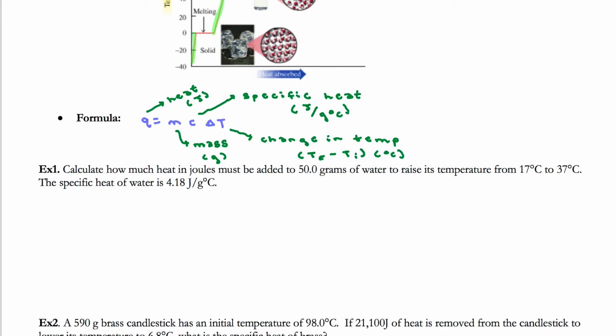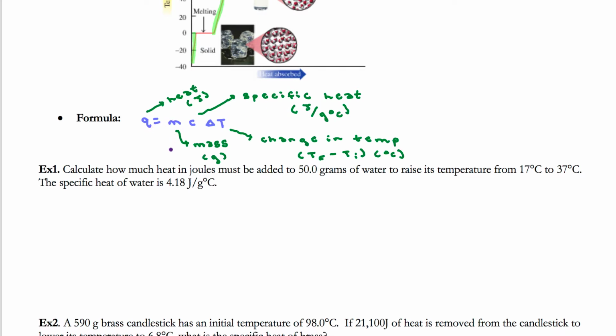So why are the units for specific heat joules per gram degree Celsius? Well, if you think about it, since my units for heat are joules, what I'm multiplying here is mass, which is grams. So the grams cancel because these grams are on bottom, these are up top, and degrees Celsius on bottom, which cancels with this temperature. So what I'm left with is just joules, which is the units for heat.